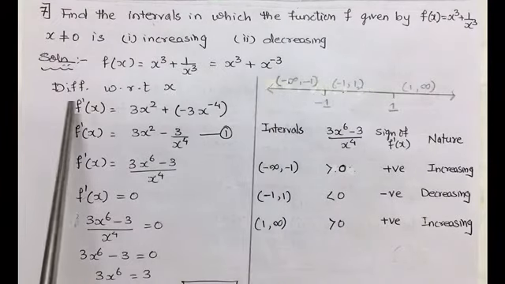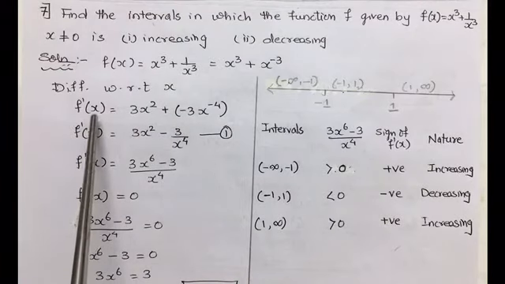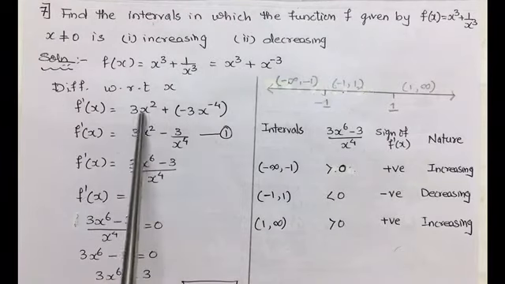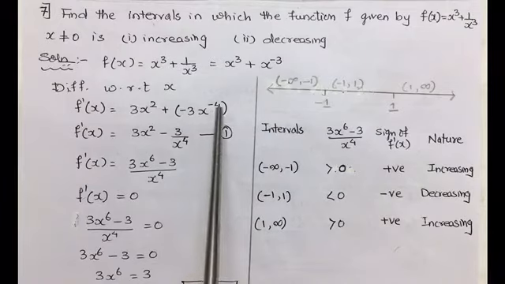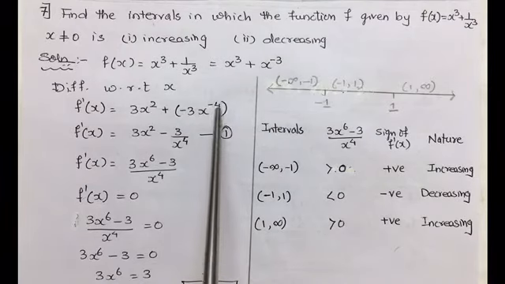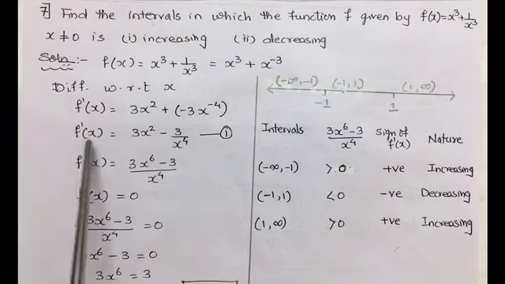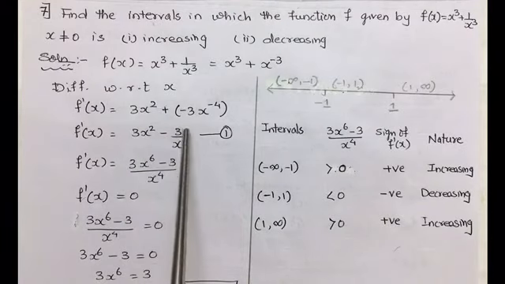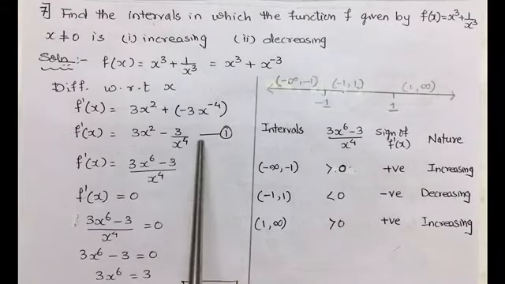So differentiating with respect to x, we get f dash x as 3x square plus minus 3x raised to minus 4, because minus 3 minus 1 makes it minus 4. So f dash x will be equal to 3x square minus 3 upon x raised to 4, as the power is negative.